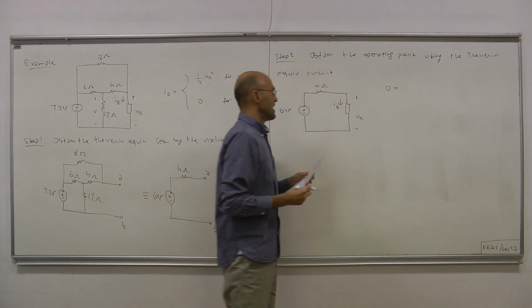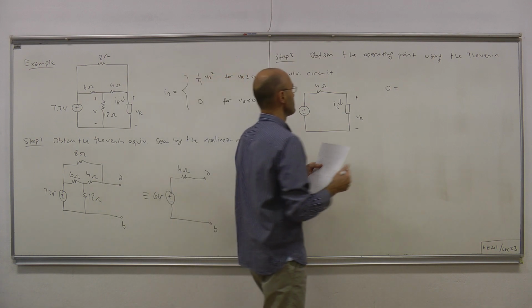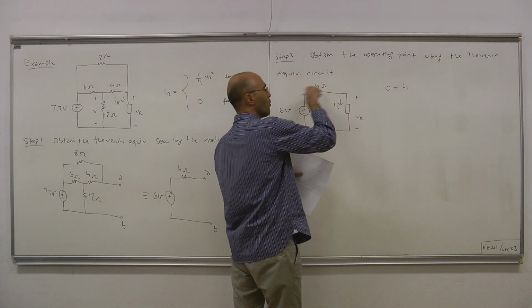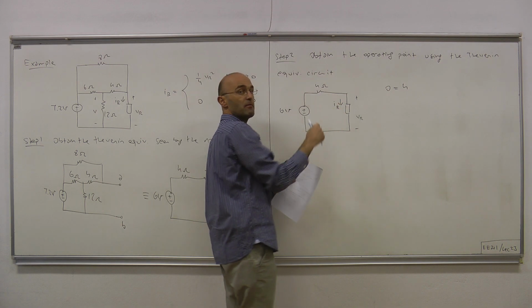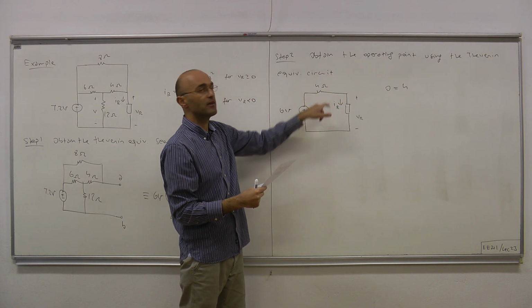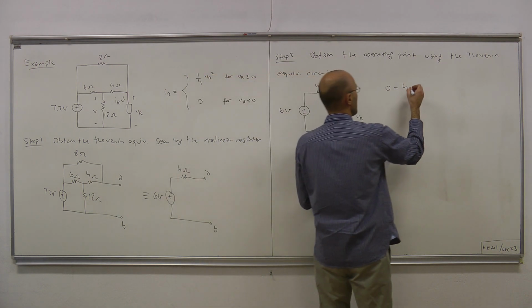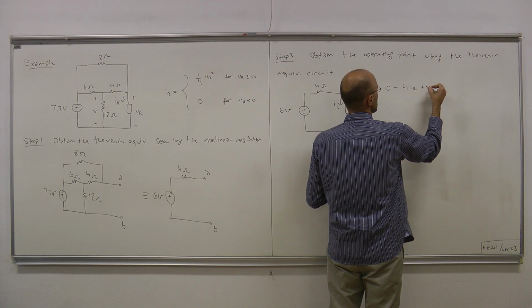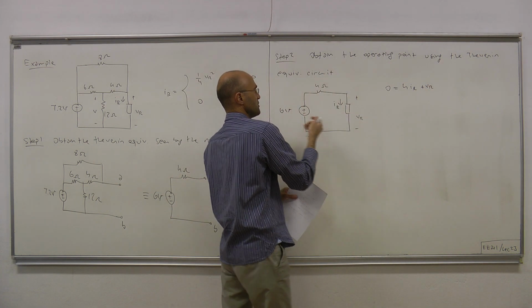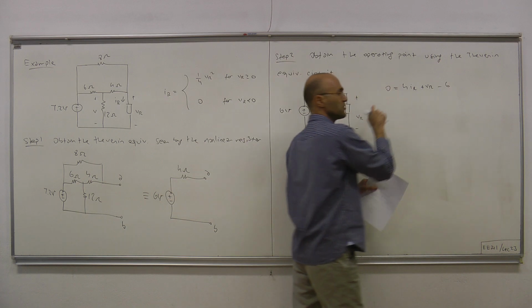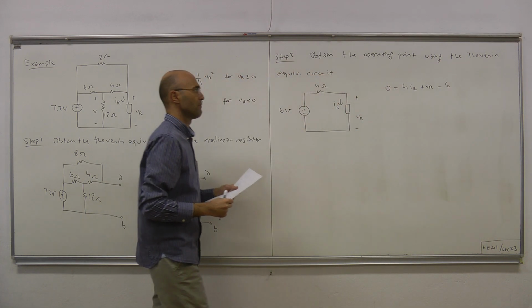Okay. So, by KVL we have 4 IR, because it's the same current passing through this resistor and the linear resistor. 4 IR plus VR minus 6 must equal 0.